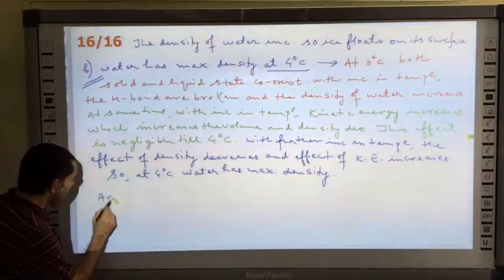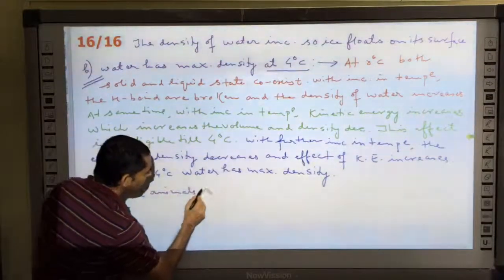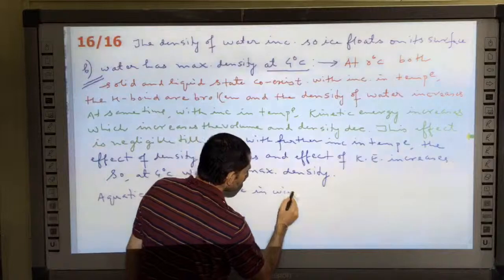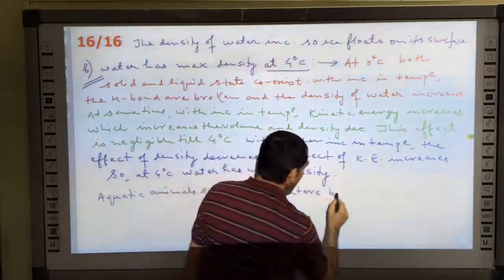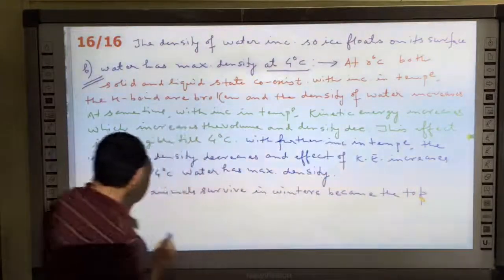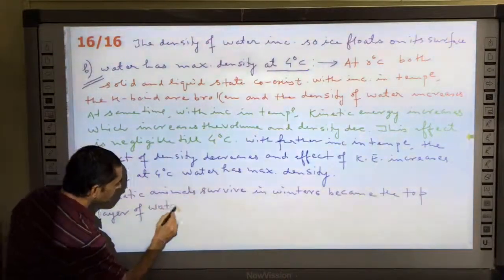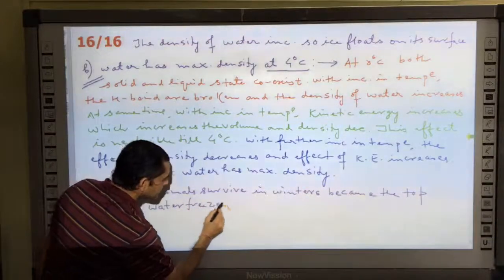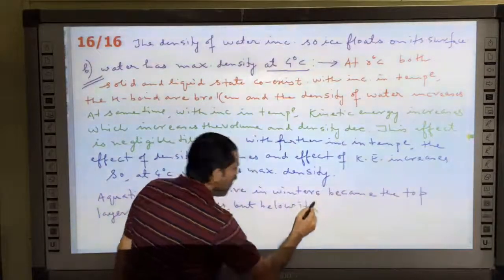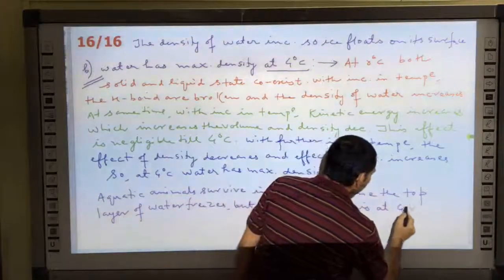Now, aquatic animals survive in winters because the top layer of water freezes, but below it water is at 4 degrees centigrade.